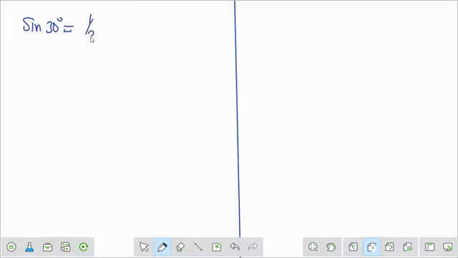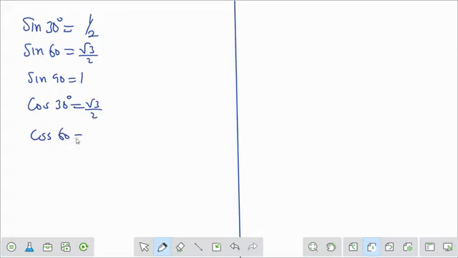So sin 30 is half. Sin 60 is equal to root 3 over 2. Sin 90 is 1. You can see me doing it for you offhand. Cos 30 is root 3 over 2. Cos 60 is 1 over 2. Cos 90, I think that's 0. So cos 90 is 0. Then we also have tan 30.